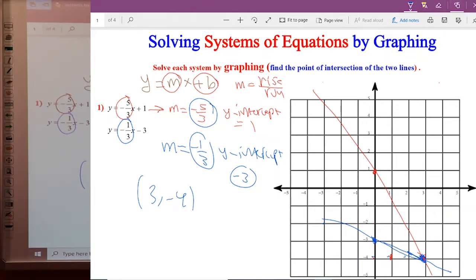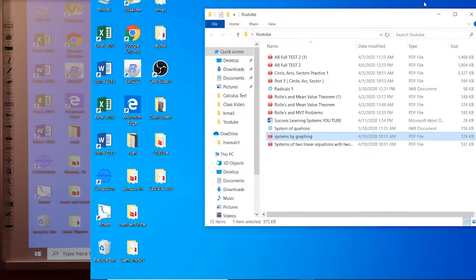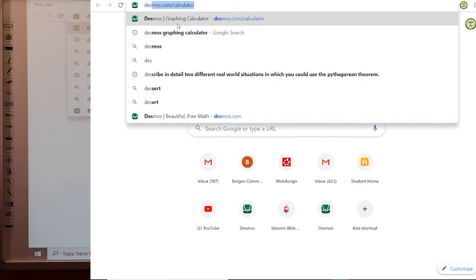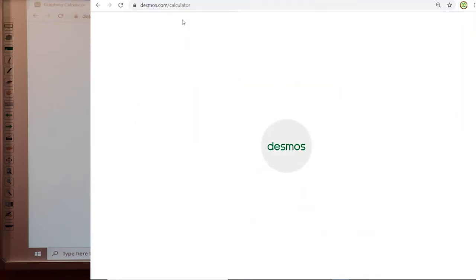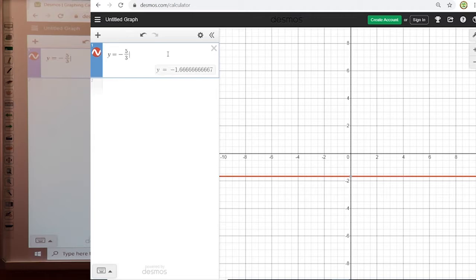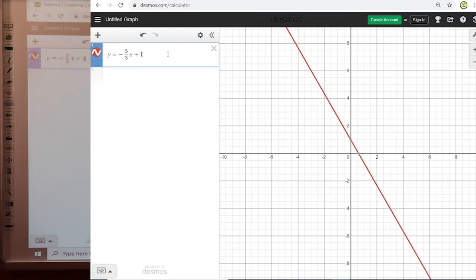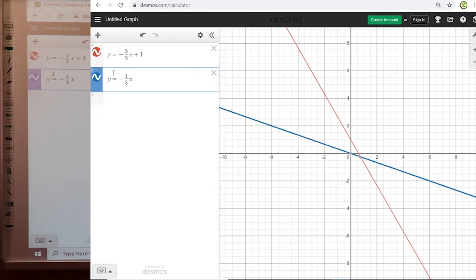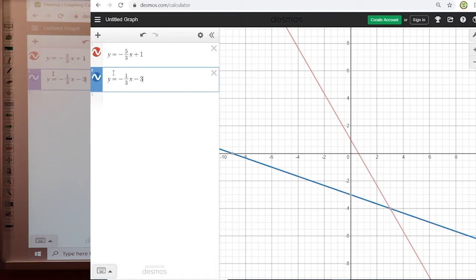We have the two equations here. y equals negative 5 over 3 x plus 1, which is this one, and the other one, y equals negative 1/3 x minus 3.